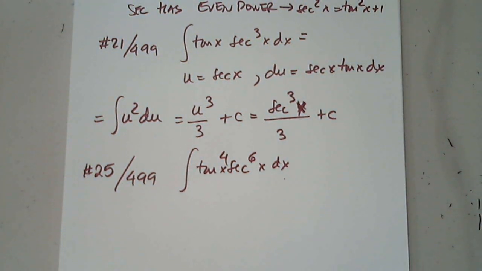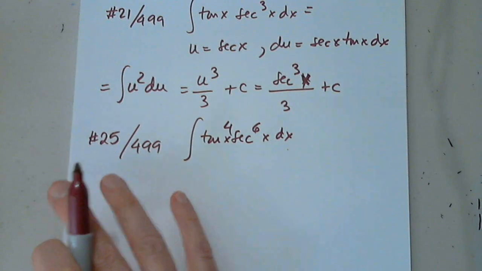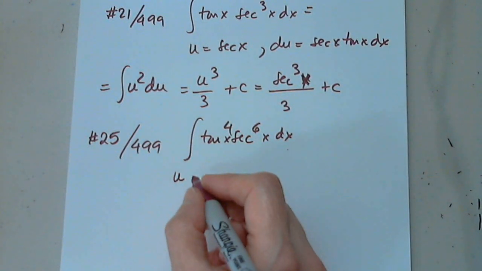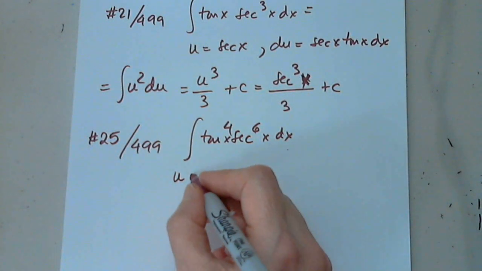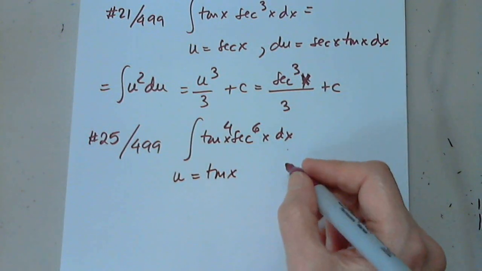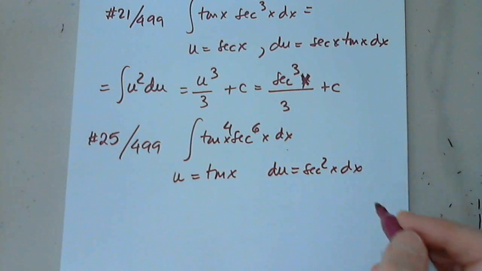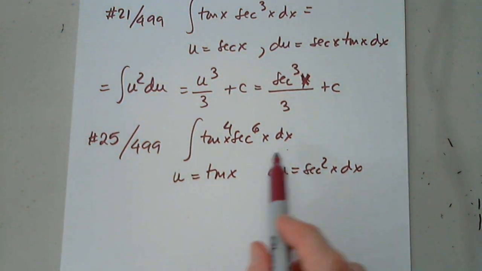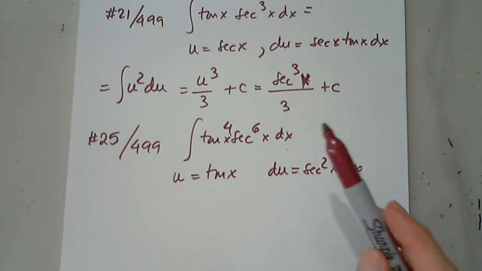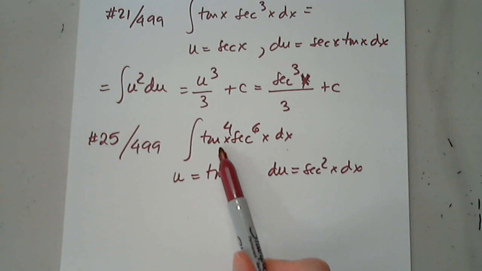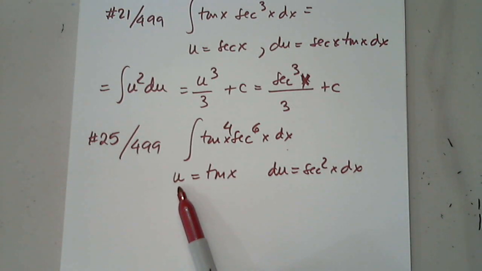So let's see what we can do here. Option 1. Well, I would simply use a substitution u equals tangent x, in which I write du equals secant squared x dx. Let's see what is left in here. Okay, this is an easy one because I have u to the fourth.